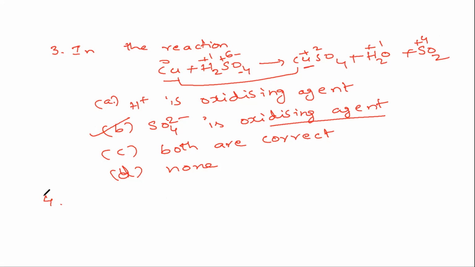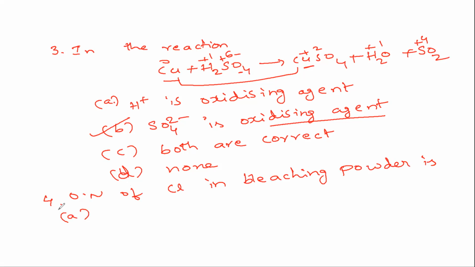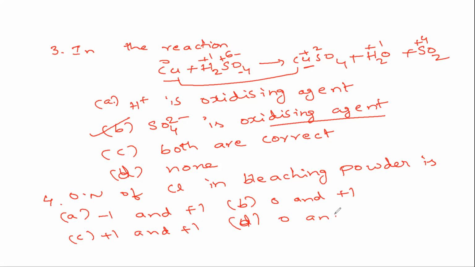Now question number 4. The oxidation number of chlorine in bleaching powder is: first option A, minus 1 and plus 1; second option B, 0 and plus 1; third option, plus 1 and plus 1; and fourth option D, 0 and minus 1.